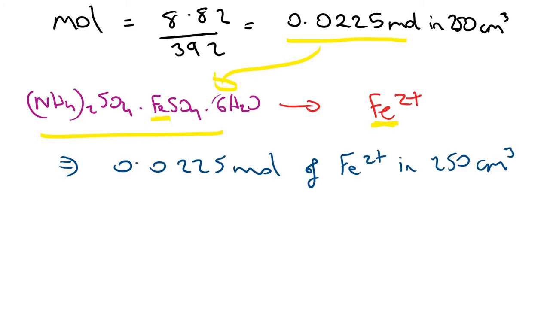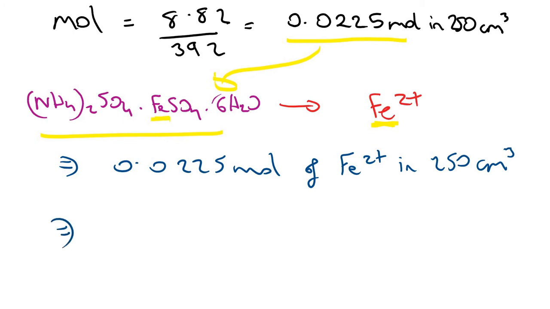Well, if there's that many moles of iron in 250 centimeters cubed, but we're asked how many moles of iron were in the 25 centimeters cubed that we took out of that, well, 25 taken out of 250 centimeters cubed is 1/10 of it, so therefore we have 1/10 of the number of moles of iron if we're taking 1/10 of the volume.